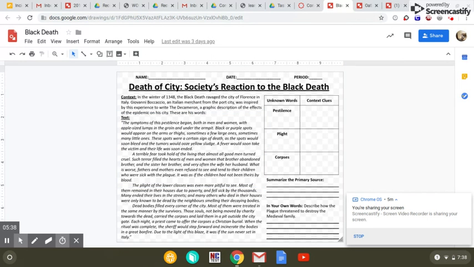This organizer is adapted from the Gilder-Lehrman folks, and we have found it to be very effective. So again, a brief context. This document is from my world history course about the Black Death. For all of my students, a brief little context to establish some readiness.